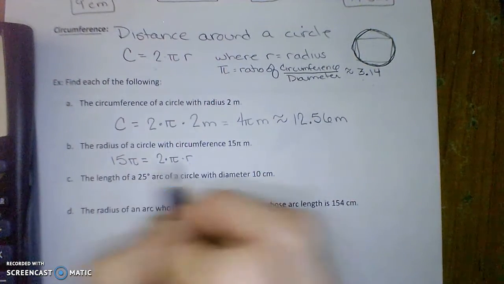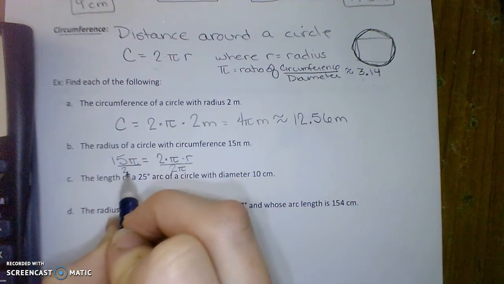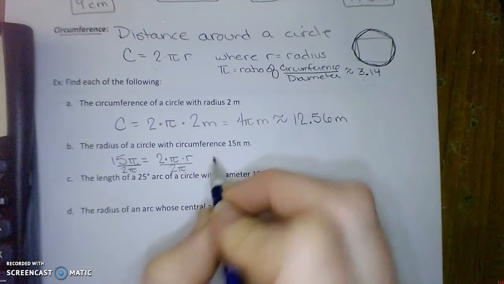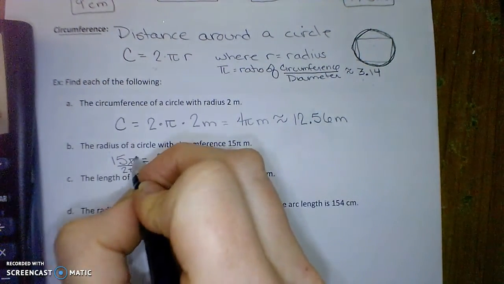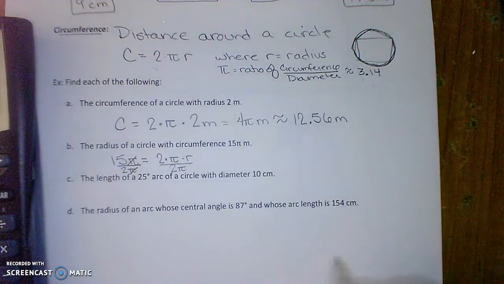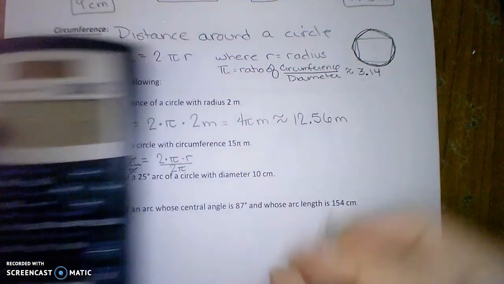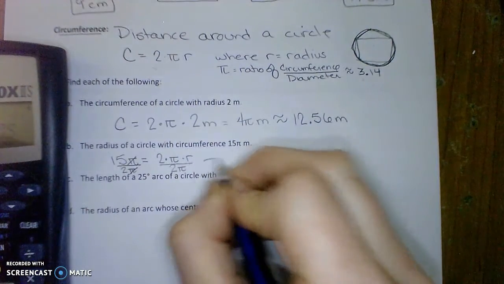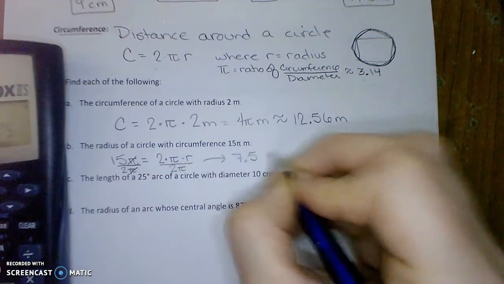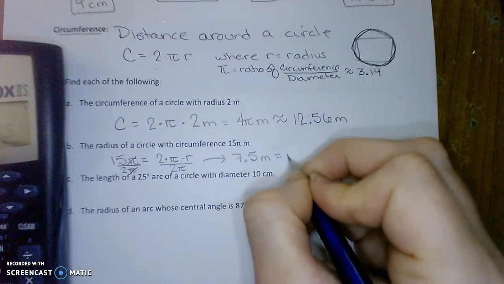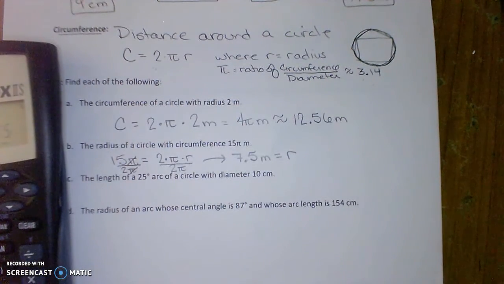Let me divide both sides of this equation by 2 pi, which will leave me with 15 pi divided by 2 pi. Notice that the common factor of pi goes away, and the computation I'm left with is 15 divided by 2, or 7.5. So the radius is 7.5 meters.